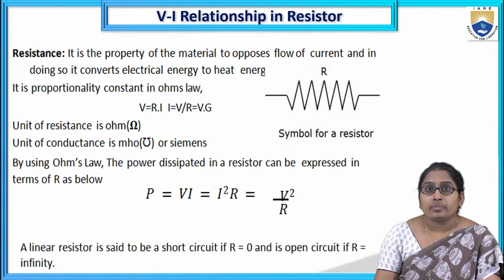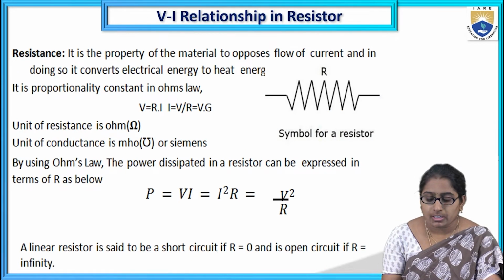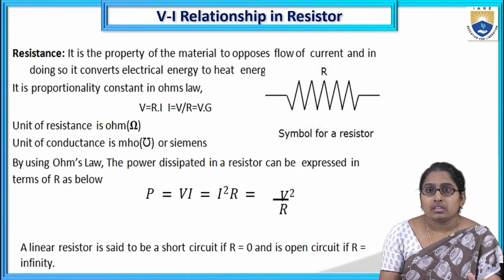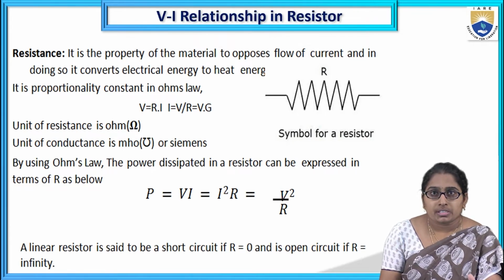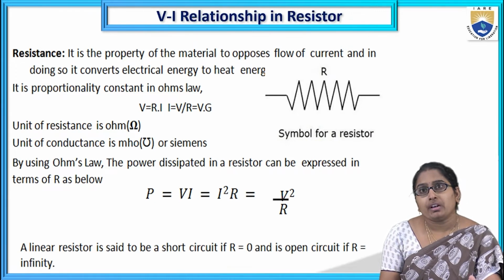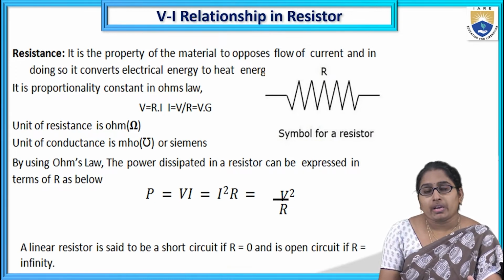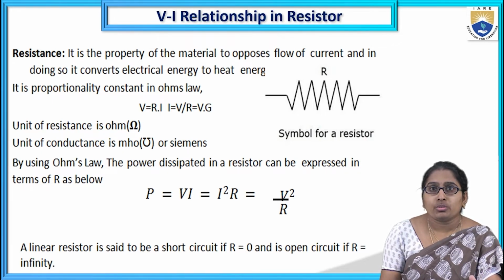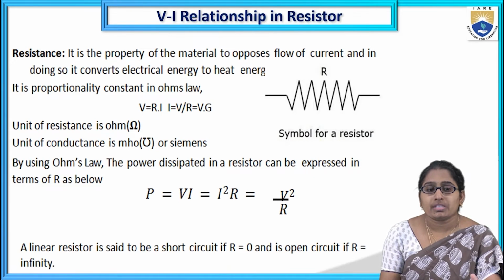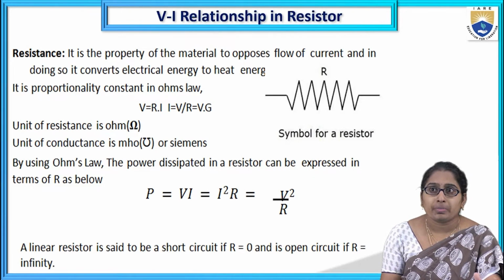Again, we are going to see the voltage-current relationship after the definition, and then its power and energy equations. As we already know, resistance is a property of the material to oppose the flow of current, and in doing so, it converts electrical energy into heat energy.